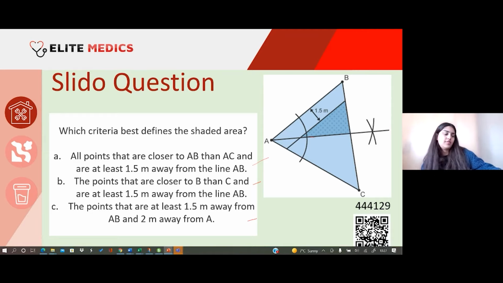Maybe another minute or so for you to read every single sentence and match up one of the points to the shaded area.